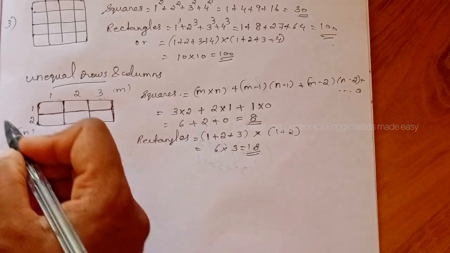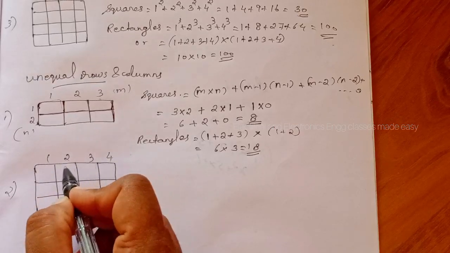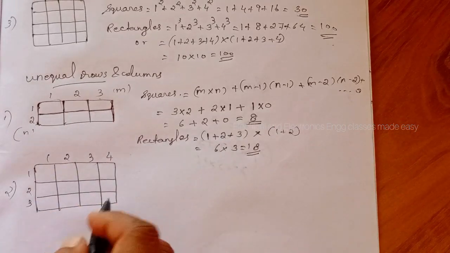Similarly consider the second one. Here 1, 2, 3, 4, four columns are there. Then 1, 2, 3, three rows are there.